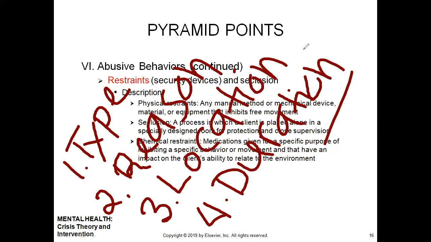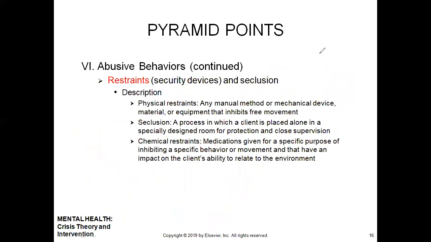So when you make the documentation or charting, you have to write details: the reason, the type, location, and duration of the restraint. At the same time, keep in mind if any incidents occur, we have to keep a note as well.